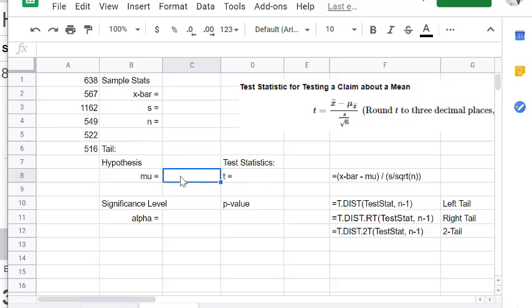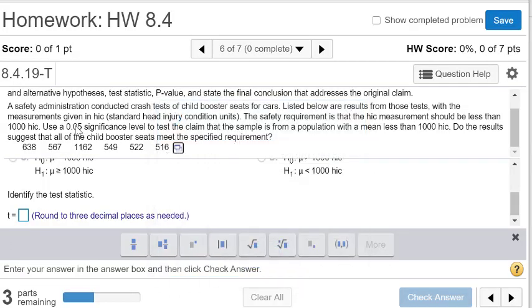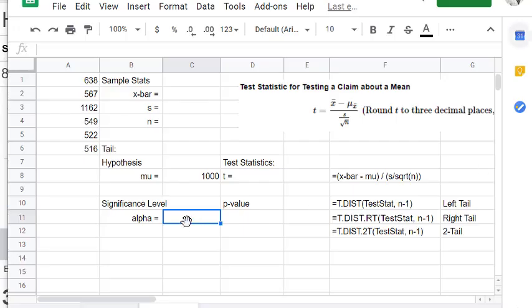We are going to be given our mu, which in this case is 1000, and then we're asked to test. Let's take a look again. We're asked to use a 0.05 significance level. So our alpha is going to be 0.05. Okay, with that information, we should be able to figure out the rest of this.